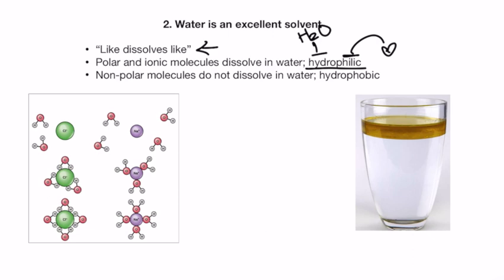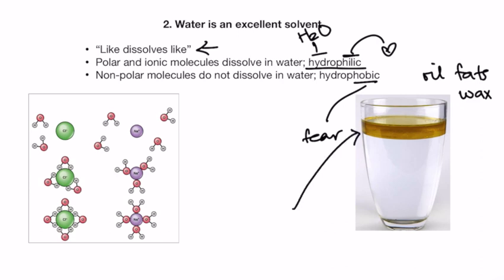Conversely, non-polar molecules like oils, fats, waxes, they will not dissolve in water, and they're hydrophobic. Again, hydro meaning water and phobia means fear. So they have a fear of water. And even in regular life, we can see that a layer of oil will float on top of water. It will not dissolve.